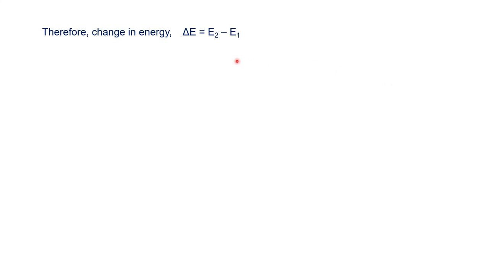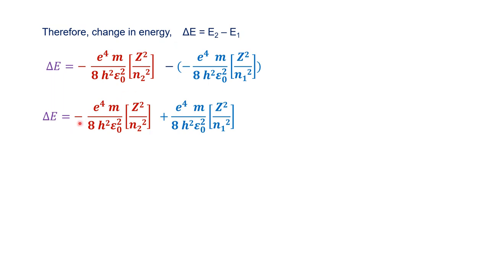Now we will put the values of E2 and E1 in the delta E formula. We will get minus e4 m divided by 8 h square epsilon naught square, z square divided by n2 square, plus, because here the minus and minus will result in plus, e4 m divided by 8 h square epsilon naught square, z square divided by n1 square. Now there are some common terms, that is z square e4 m divided by 8 h square epsilon naught square.